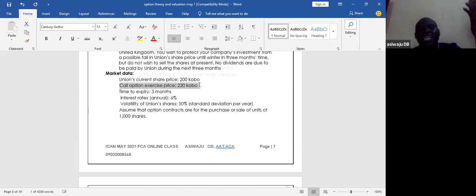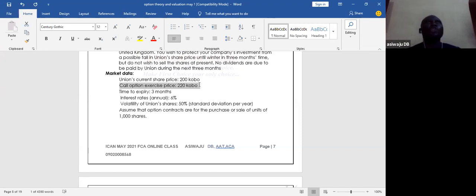In some questions, the examiner will not specify, but you look at it. If you are trying to sell, the right to sell is a put option. So without being told, you need to do a put option. If you are trying to buy, the right to buy is a call option. If the examiner says the customer is planning to buy shares in the future, then you remember that the right to buy is a call option.